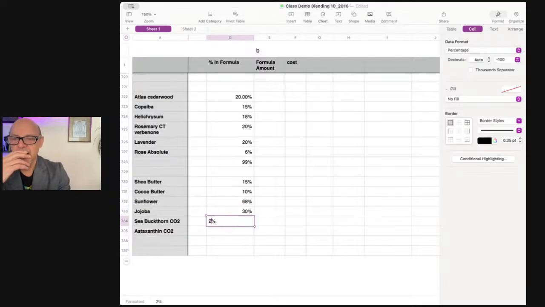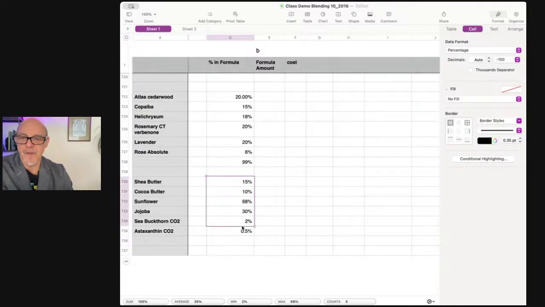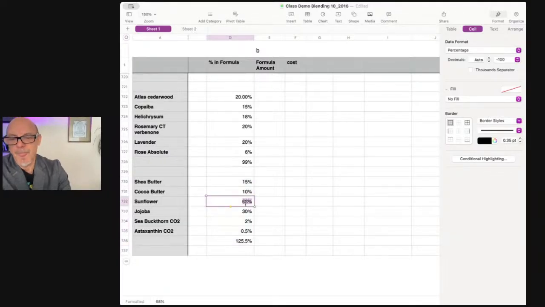And you don't need much, especially astaxanthin. I mean, even this could be too much. You'll stain your pillowcase when you go to bed if you have the serum on at night. Let me see. Oh, I don't need that much.